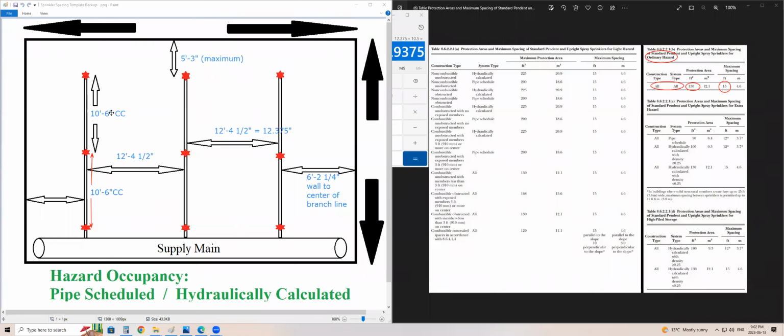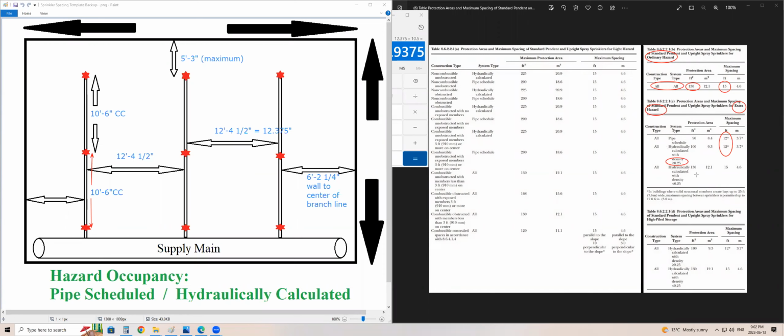I'm sorry, this has been such a long video. I knew it was going to be like this, but the last thing that I just want to bring up to you before we end this, I showed you this chart. I'm not going to say it's unlikely, but just be mindful if we are talking about extra hazards, right? We cannot space our heads any further than 12 feet, right? For pipe schedule hydraulically calculated with a density. Again, this is where things get into like, how the hell am I supposed to know what density this has been calculated for?